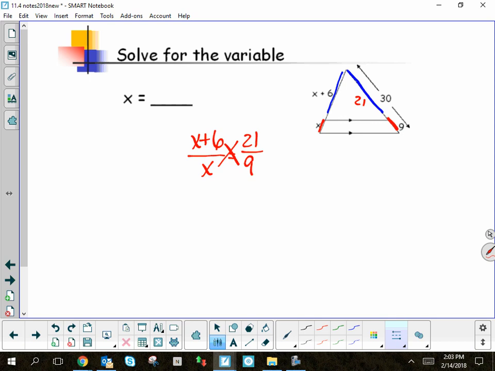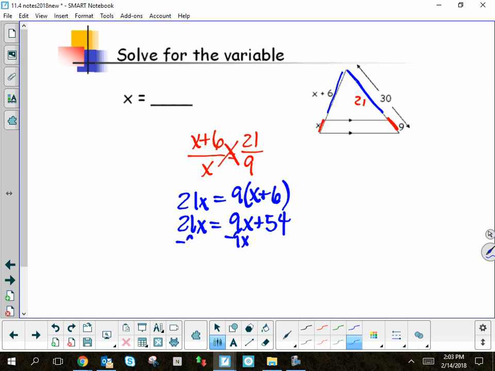Okay, so let's cross multiply. 21x equals 9 times x plus 6. 21x equals 9x plus 54. Minus 9x, minus 9x. That leaves me with 12x equals 54.